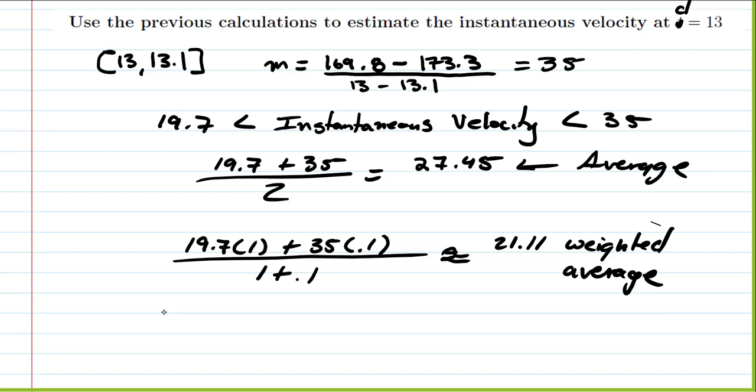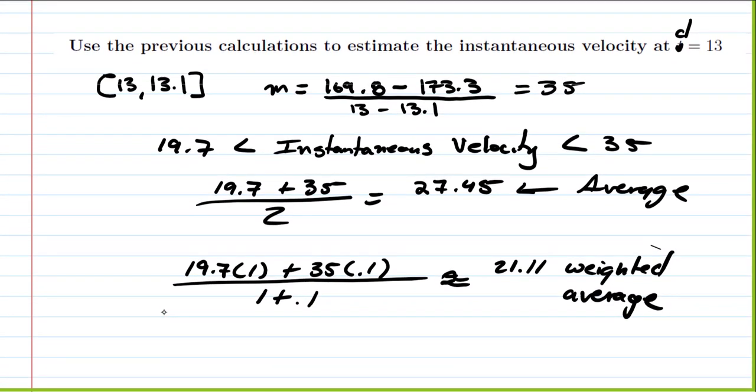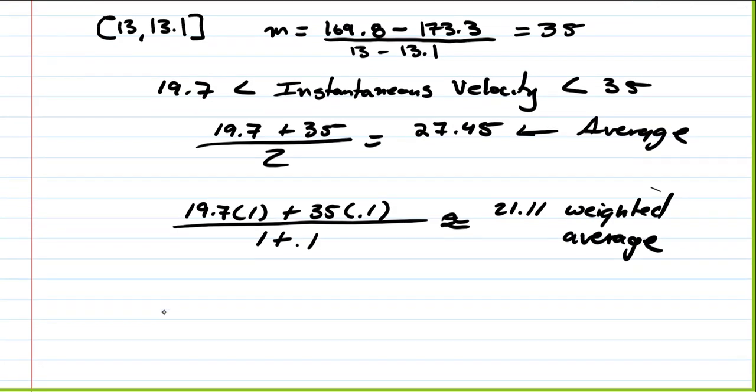And recall, to calculate a weighted average, you take the value times its weight plus the value times its weight, and then you divide by, instead of the number of things, the sum of the values of the weights. And so then either way, they're both a better approximation than just either of the two numbers by themselves. All right.